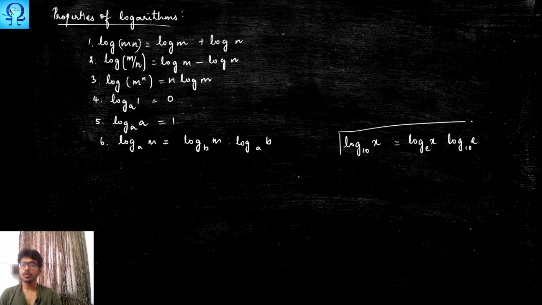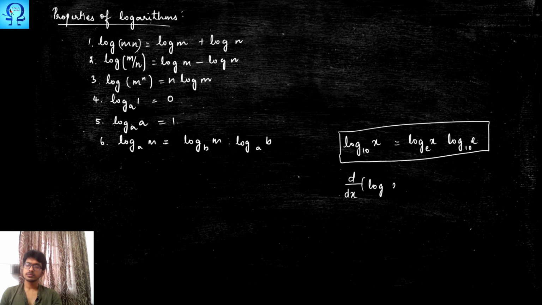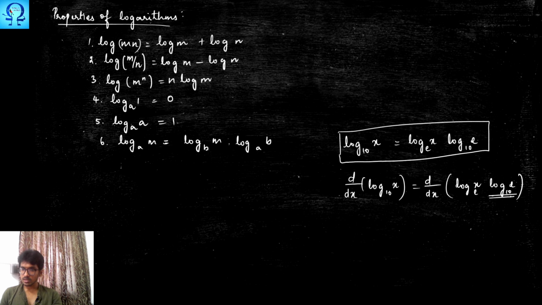So this is how we make the conversion. And when you are about to differentiate this log, what you have to do is d upon dx of log x to the base e times log e to the base 10. So this is a constant quantity.